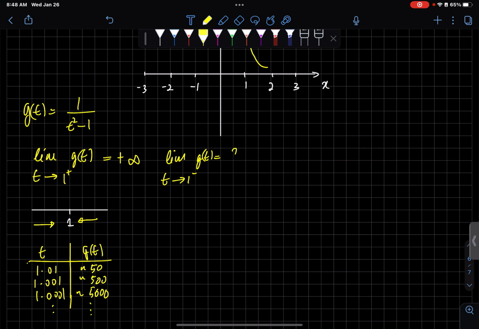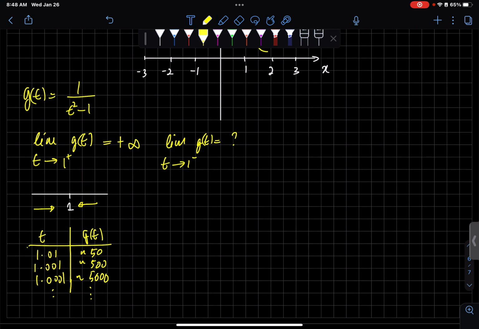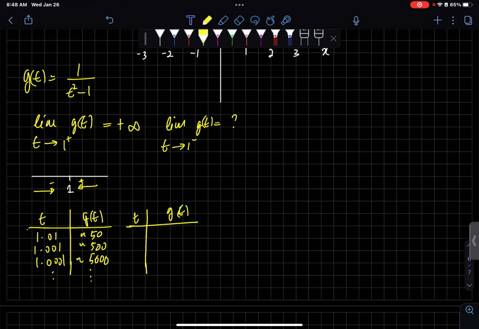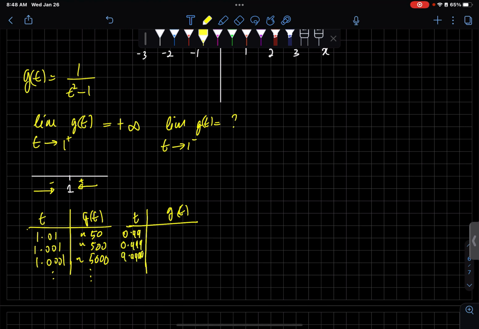Okay, so now we're looking at this. This is from the right, this is from the left. So from the left you're looking at t, g of t. This is going to be numbers like 0.99, 0.999, let's say 0.9999.